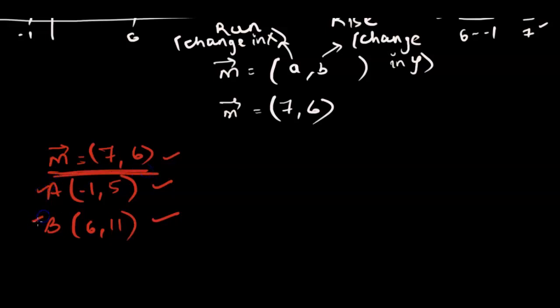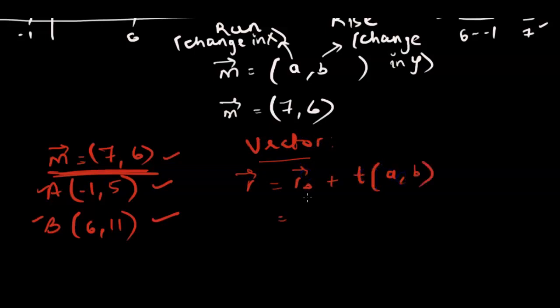Out of the 2 points, we can use any one point of our choice. So the vector equation would be r vector equal to r naught plus t AB. R naught, you can pick any point, A or B, it's up to you. It has to be any point lying on the line that we're writing the equation for. So I'm going to pick the point -1, 5, and this is 7, 6. So this is how we get our vector equation.